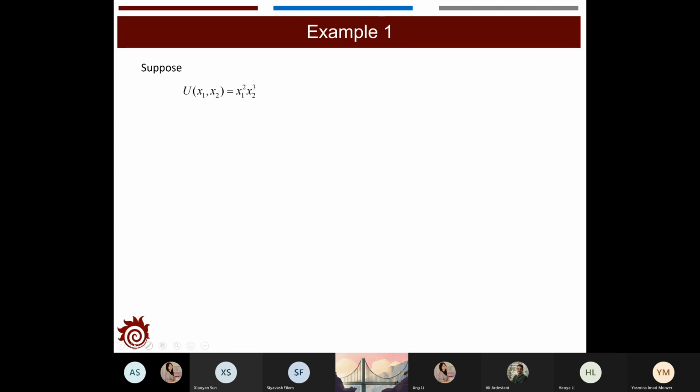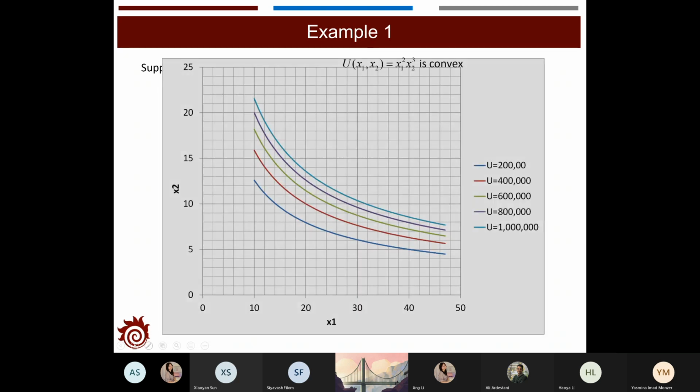So first of all, let's check a very simple example. Assume that we have a utility function. The utility function is determined by the amount of products that you have purchased or consumed. In this case, we only consider two products, x1 and x2, and the utility is x1 squared plus x2 cubed.